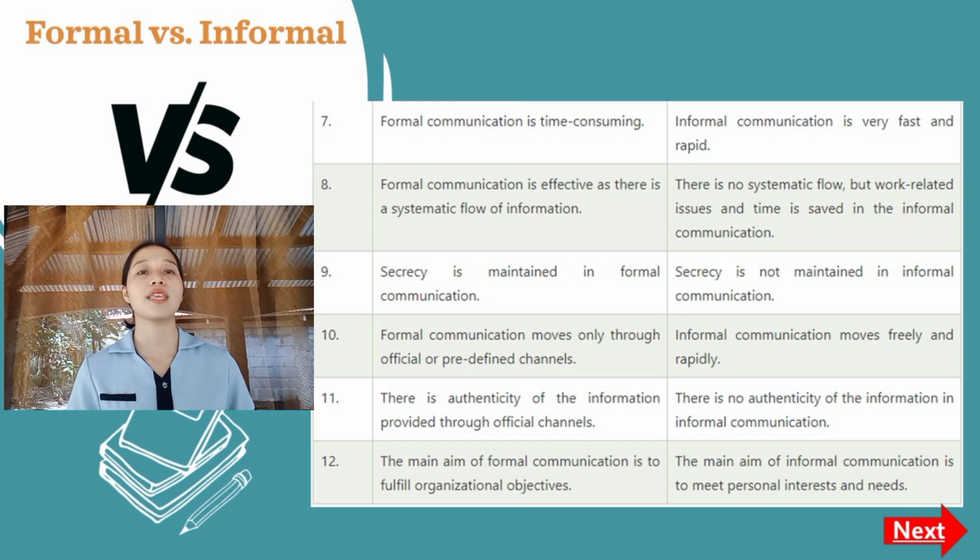The last one is the main aim of formal communication is to fulfill organizational objectives, while the main aim of informal communication is to meet personal interests and needs. So those are the significant differences between formal and informal communication. To create a better environment and achieve the company goals, both types of communication are required.